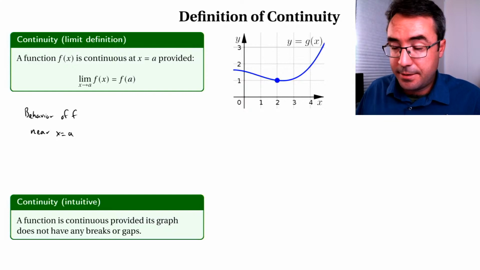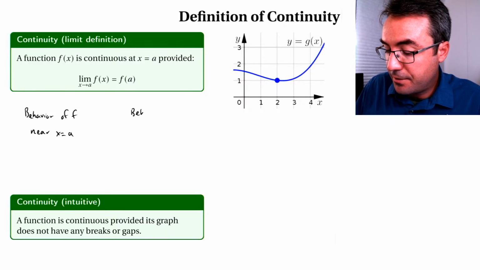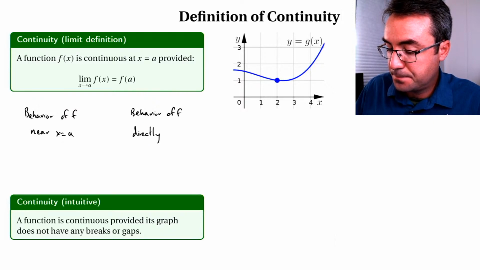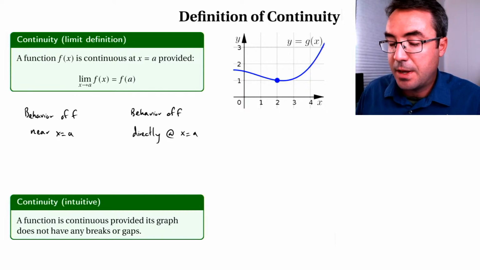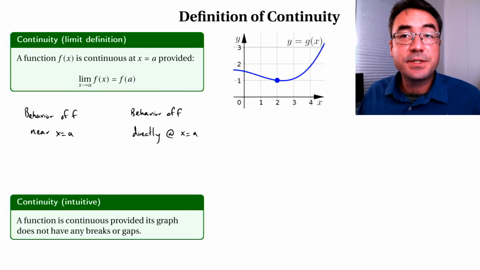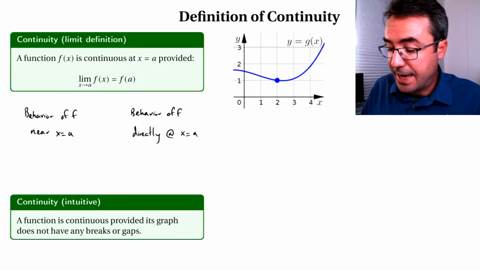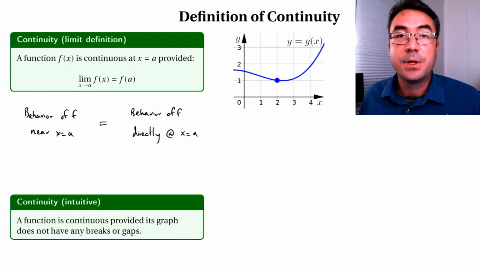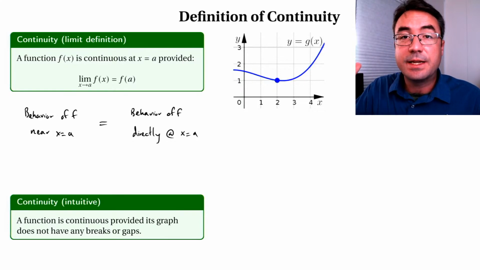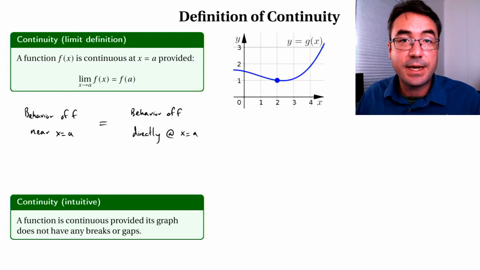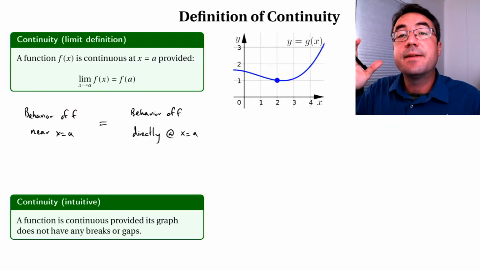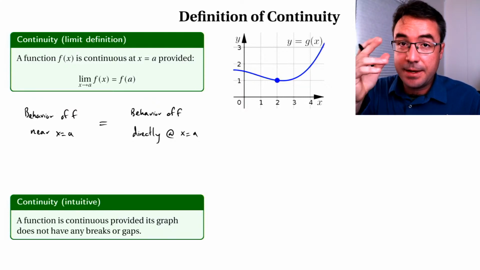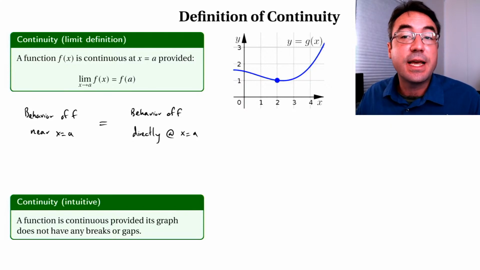When we plug in, that's telling us the behavior of our function directly at x equals a. And for a function to be continuous, those two behaviors have to be exactly the same. They have to be equal to each other. So the limit of f of x describes what's happening when we're near x equals a. And then when we plug in, that's telling us what's happening directly at x equals a. And for a continuous function, they're the same.